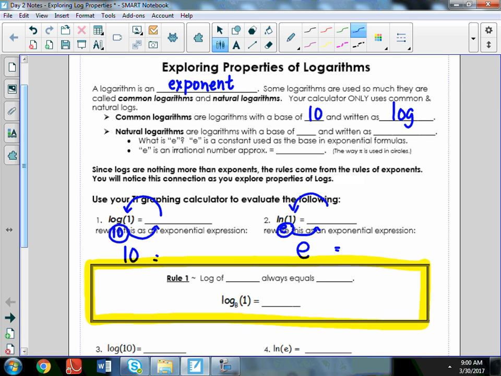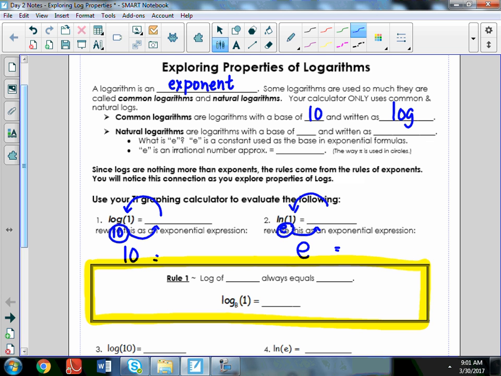When you see just log, if you're going to rewrite it as an exponential, it might help you to write the 10 on it. It's kind of like with a square root. We know it's taking out groups of 2, but they don't put the 2 as an index number because it's just assumed it's a square root. Log is like that. You assume it's base 10.